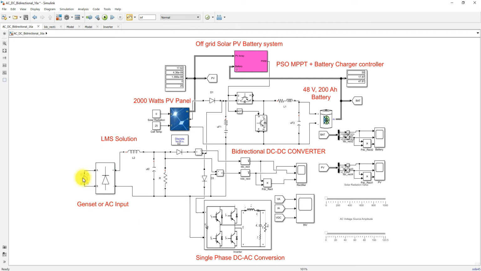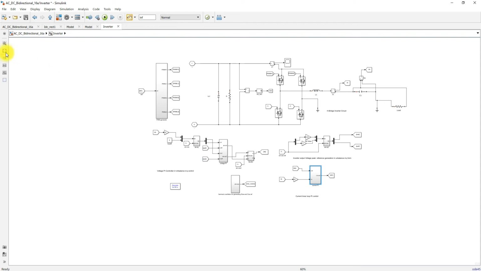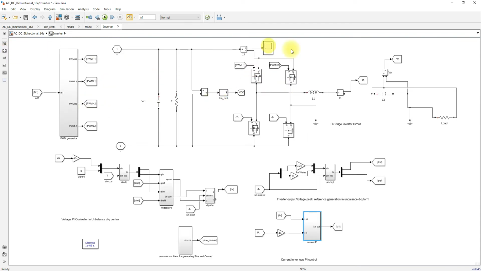That means this AC input will be converted into DC by using this rectifier, and then filtered by this LC filter, and then connected to the bidirectional converter. Also it is going to be connected to the single phase inverter, and after filtering it is going to drive this load or AC load.